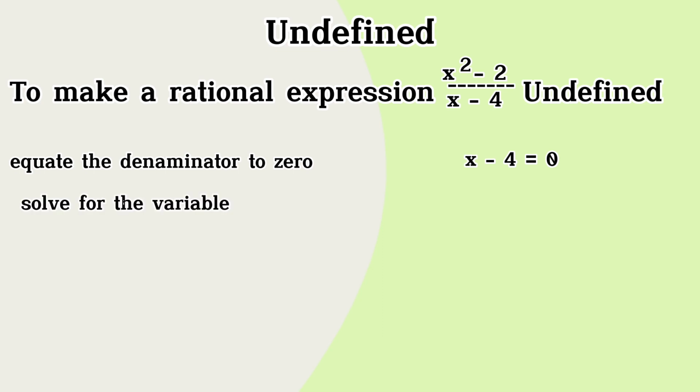And second, to solve for the variable, let's use the additive inverse and add positive 4 to both sides. So, this will be x is equal to 0 plus 4. So, 0 plus 4 will be positive 4. So, yung value ng x natin is 4.